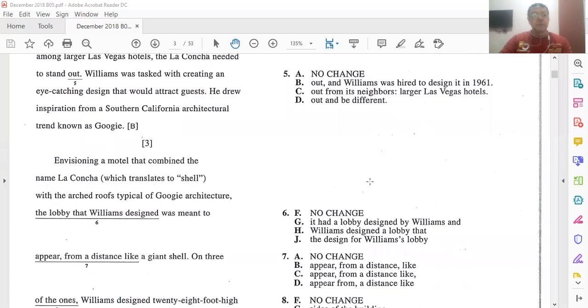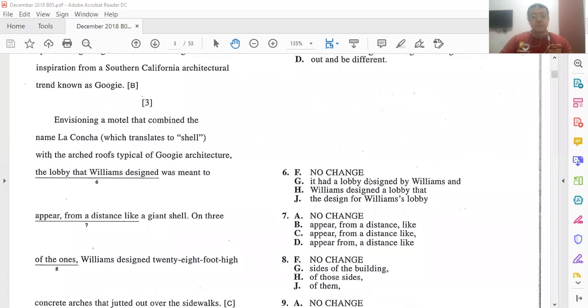Moving on to number six. He's talking about La Concha Motel that he designed in Las Vegas. And he said, with the arched roofs typical of Googie architecture, which is a kind of architecture, the lobby that Williams designed was meant to appear from a distance like a giant shell.